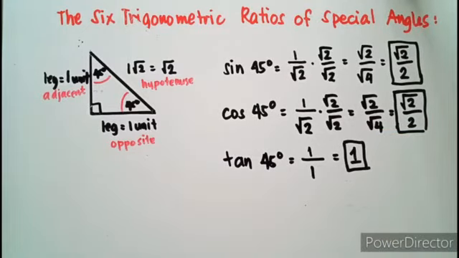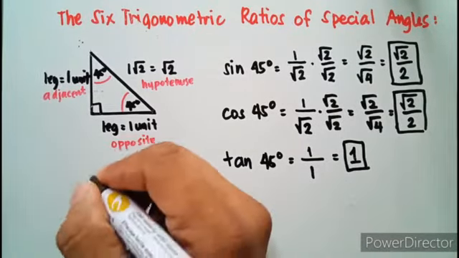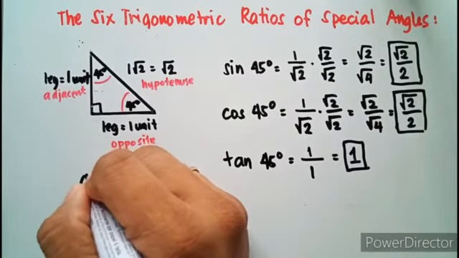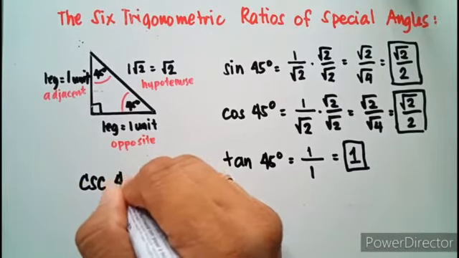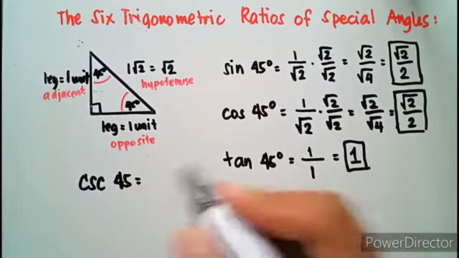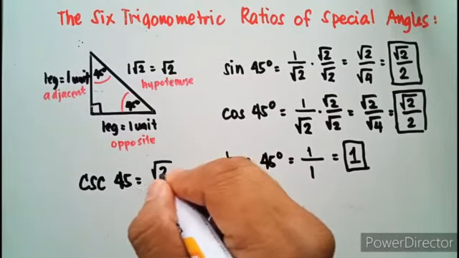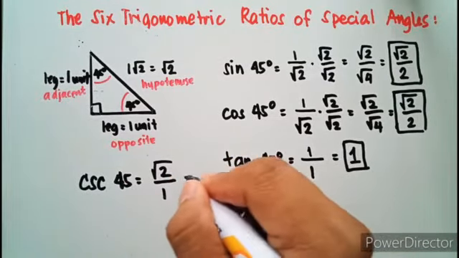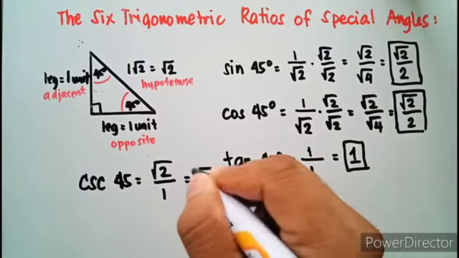Okay? Then, for the reciprocal ratios, let's have first our cosecant 45 degrees. That is equal to square root of 2 over 1, and that is equal to square root of 2.